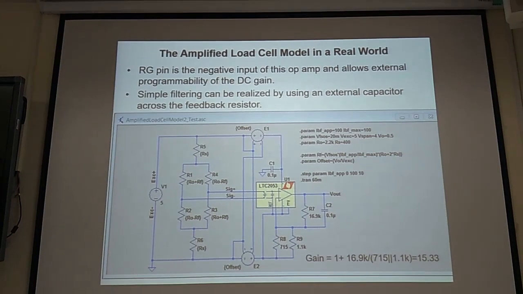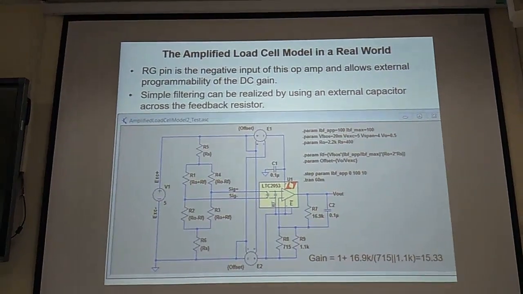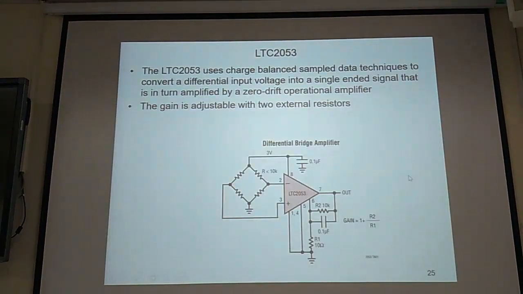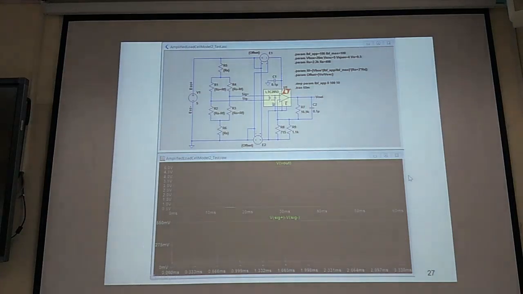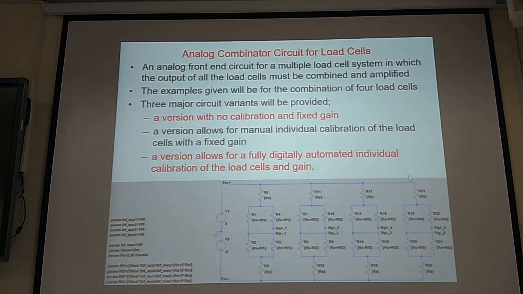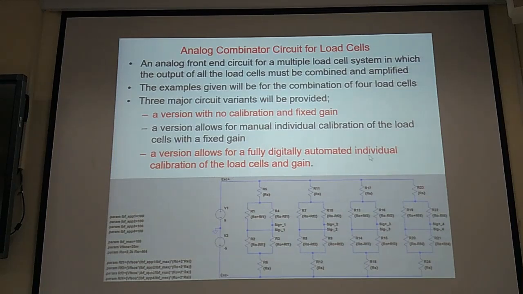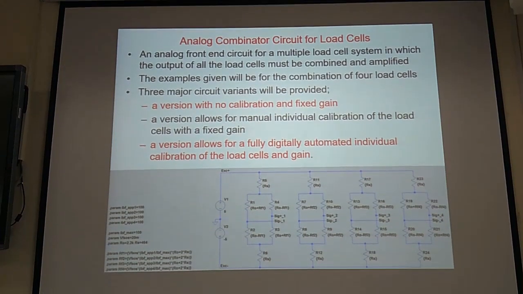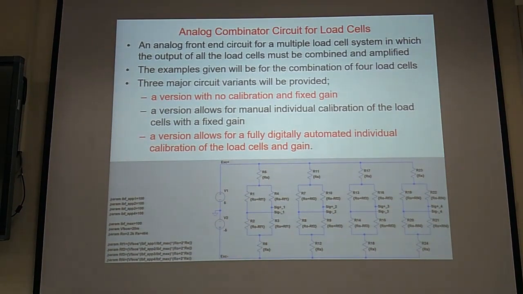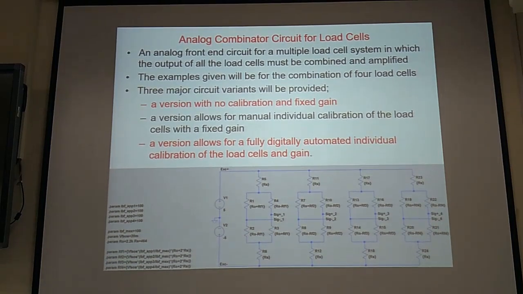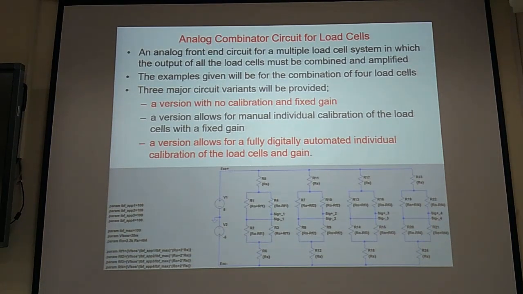For the design, we need to consider this. We are going to consider 3 cases, from simple to complex.